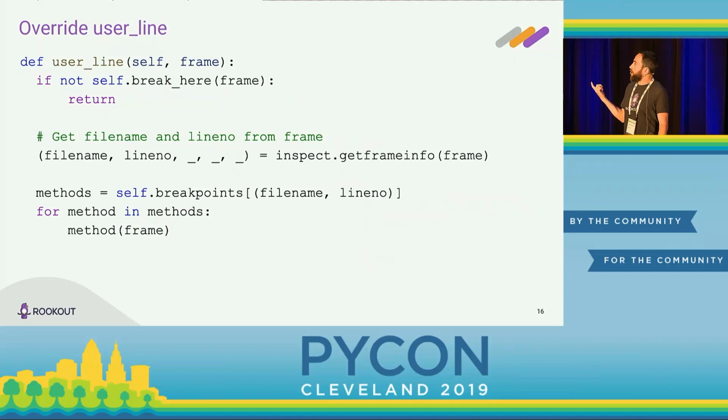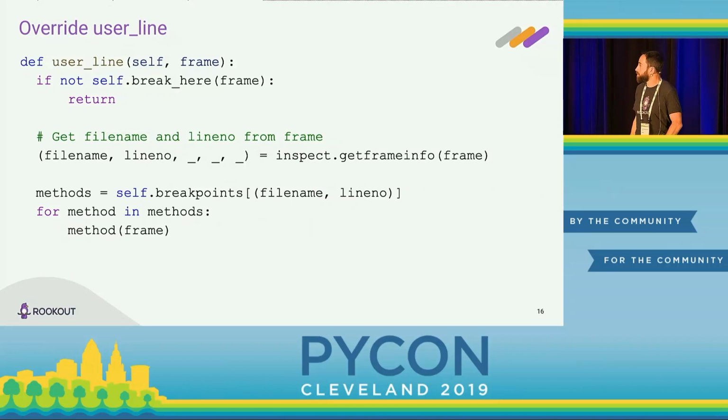What does our userLine do? It starts by checking break_here. BDB will occasionally notify you on events besides a breakpoint you have set. So if you want to make sure a breakpoint is actually on this line, you call break_here, which returns true or false, and in this case, if there is no breakpoint, we just return. We then get a file name and line number from the frame using the inspect module.